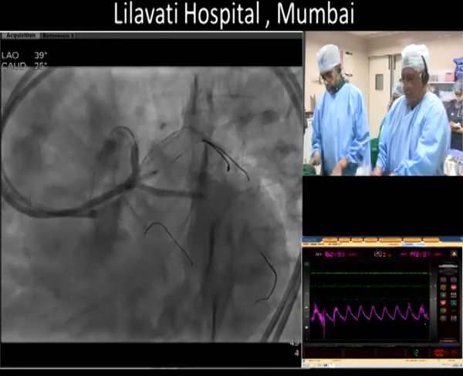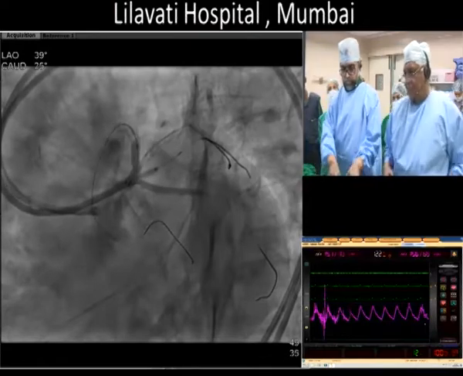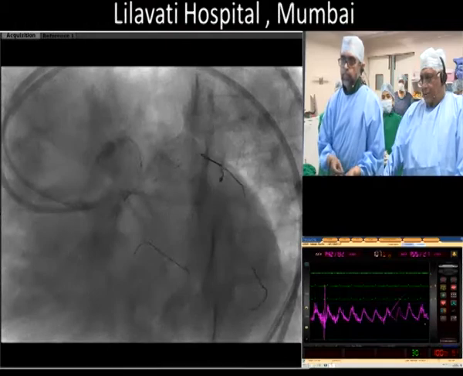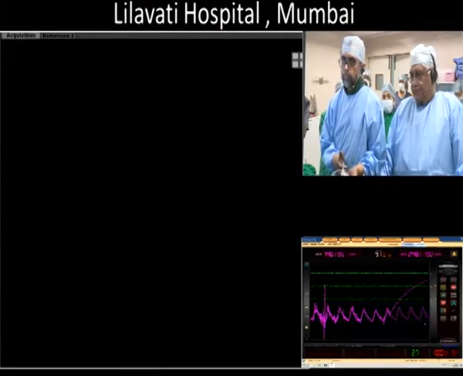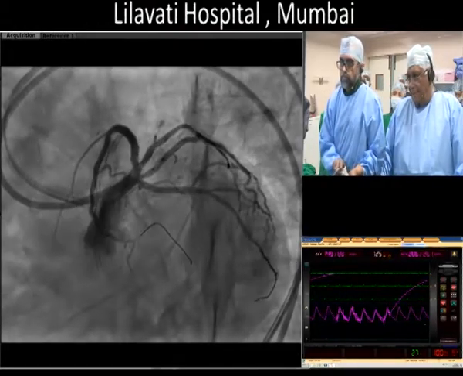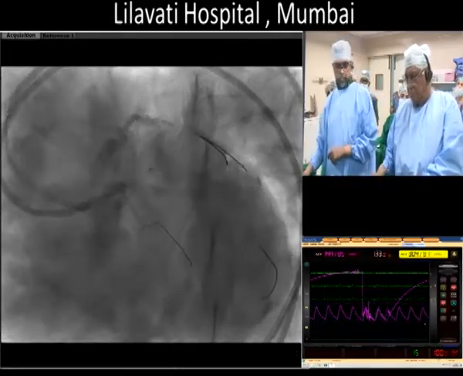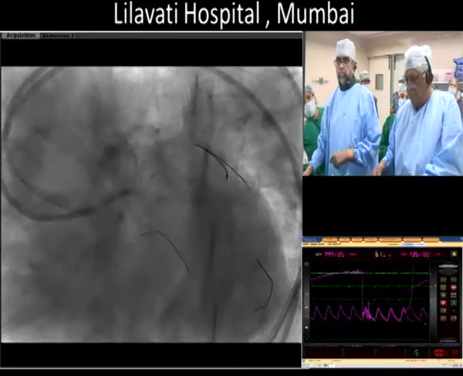Okay, next. Beautiful. Stable patient. Short inflations. 40%. 40%.